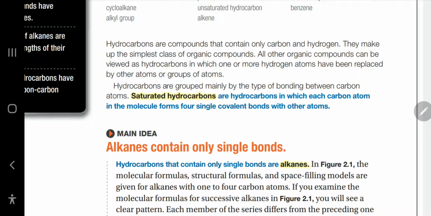Hydrocarbons that contain only single bonds are called alkanes. This is the general name for hydrocarbons made of single bonds. This is not the name of a specific compound, it is the general name of the compounds.